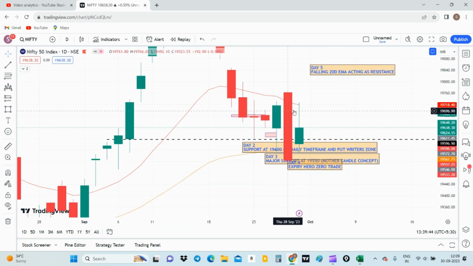But when the 20 DMA, simple or exponential, it doesn't matter, is sloping downward, whenever Nifty tries to go near that, it will face a resistance.